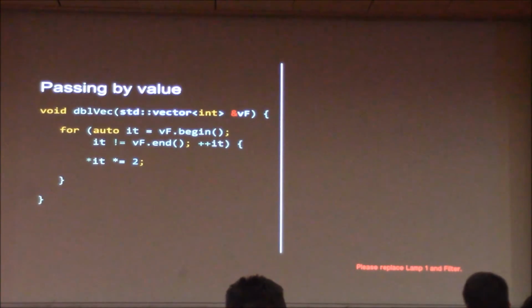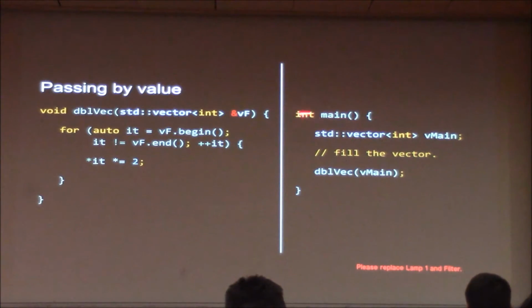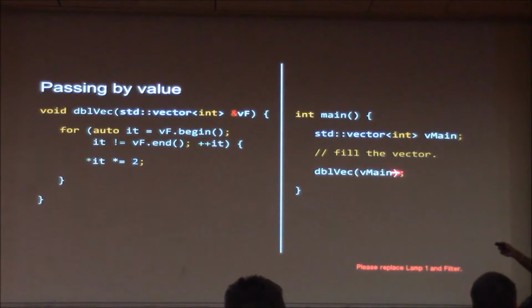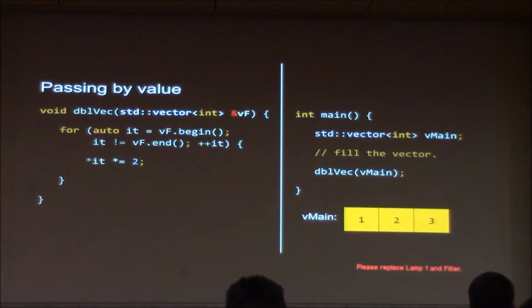So let's see, I think that was too much. Yeah. So that's main here, okay? And all this code here remains the same. The way we call this function also remains the same. We don't have any syntax changes here, okay? But now we have the v main here, 1, 2, 3, and when this double vector function is being called, a copy of the vector will not be created because we have this special symbol called ampersand.